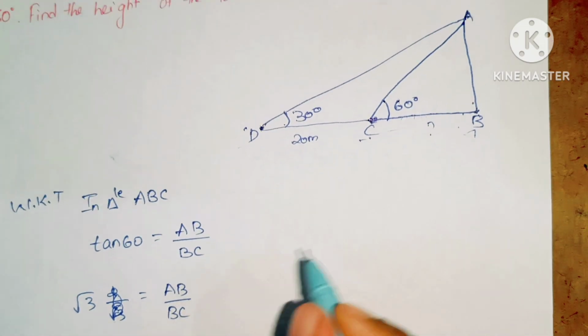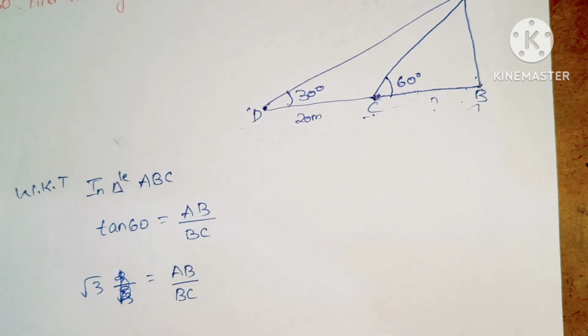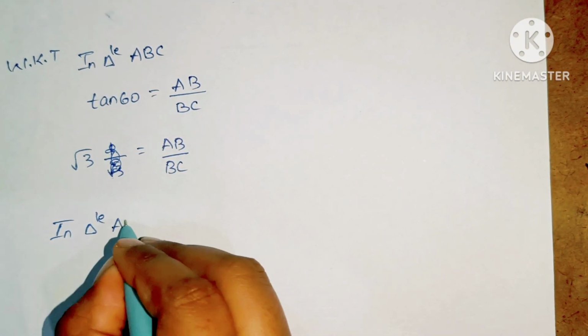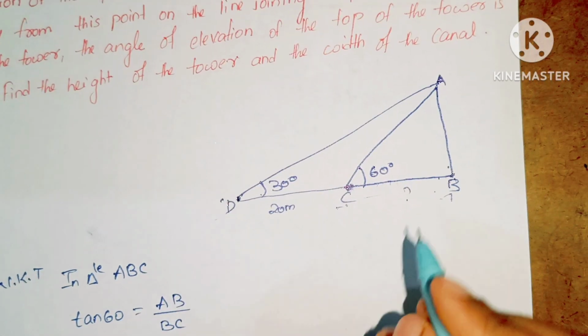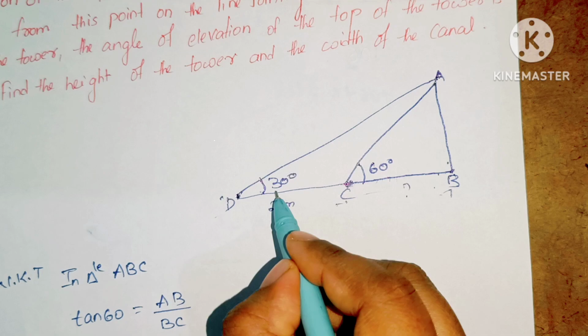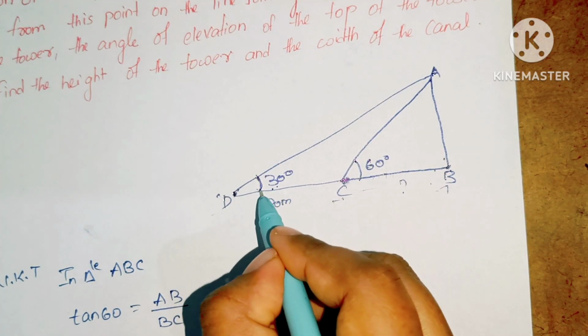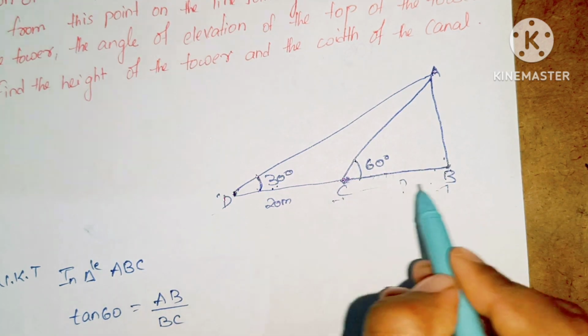Now we'll take the triangle ABD, the big triangle. In triangle ABD, what is the angle you know here? Tan 30 degrees. So you know 30 degrees here. Now I have to find the height of the pole, that means AB.